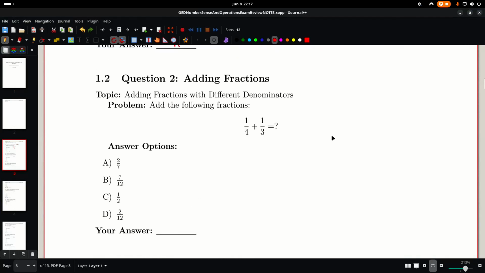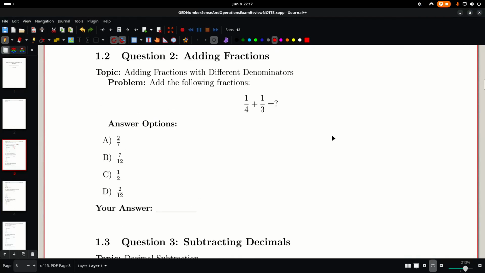Our next question, we're dealing with some fractions. So adding fractions, remember that when we add fractions, we have to find a common denominator. So our common denominator here, we can just multiply the denominators.